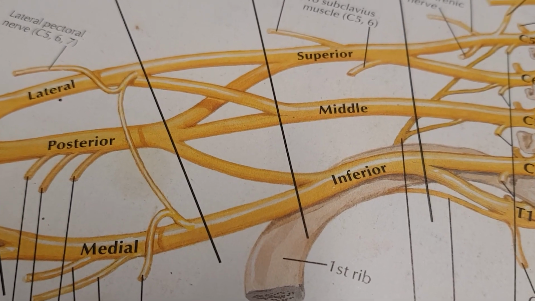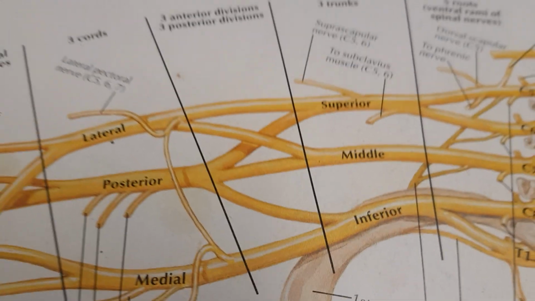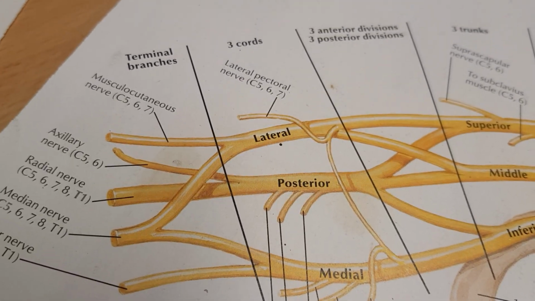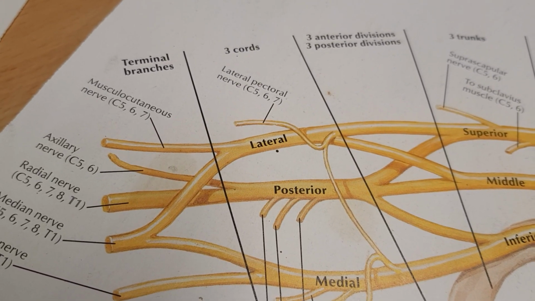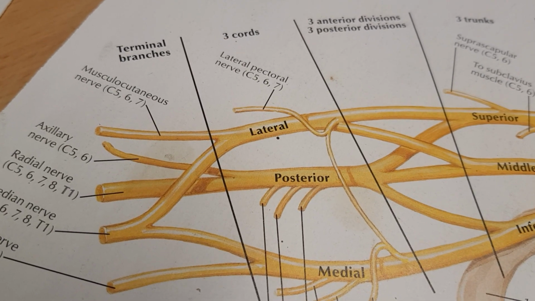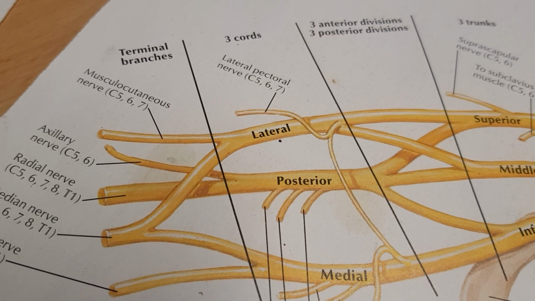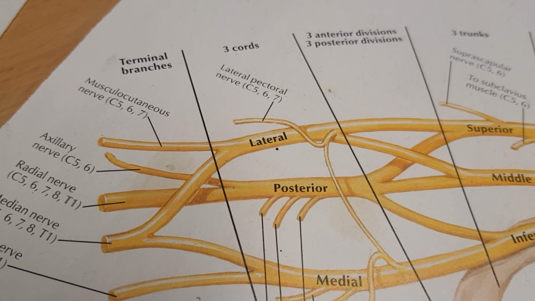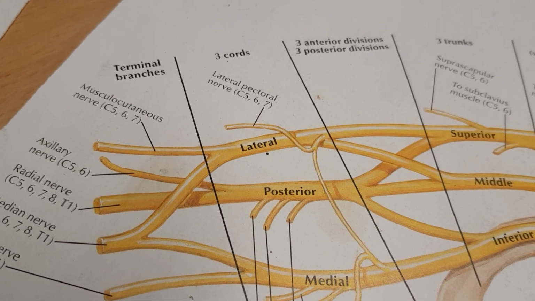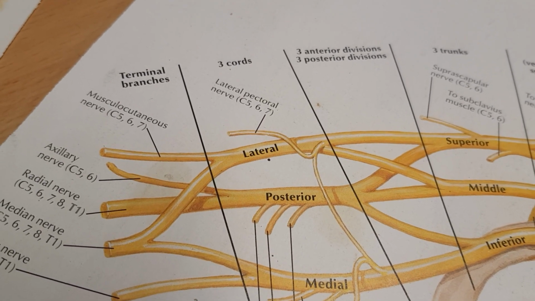And the posterior divisions will eventually become terminal branches that will supply the posterior part of the upper limb. So the posterior divisions will supply the extensors. The anterior divisions will mainly supply the flexors.